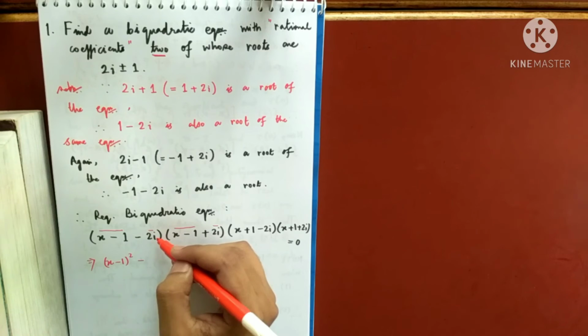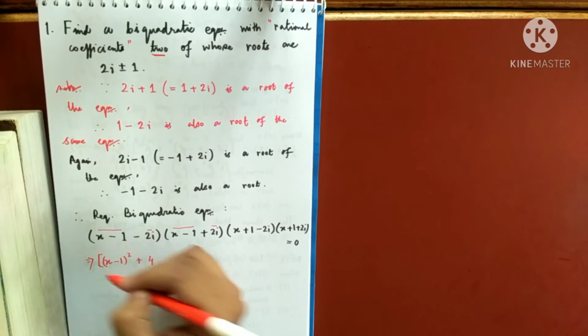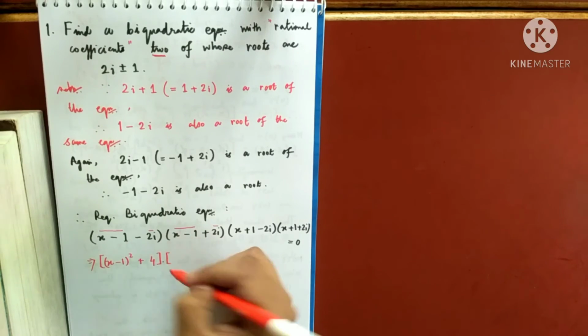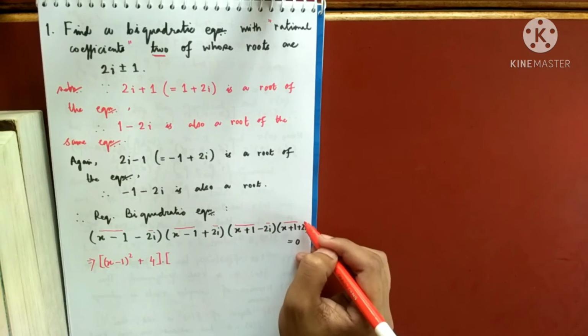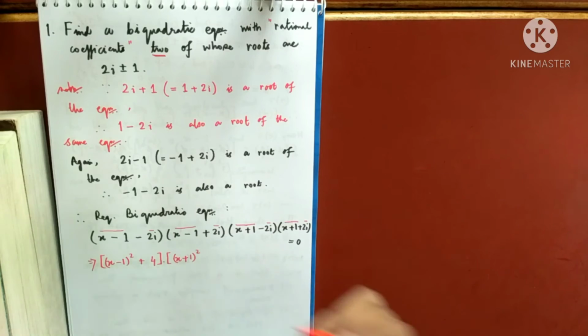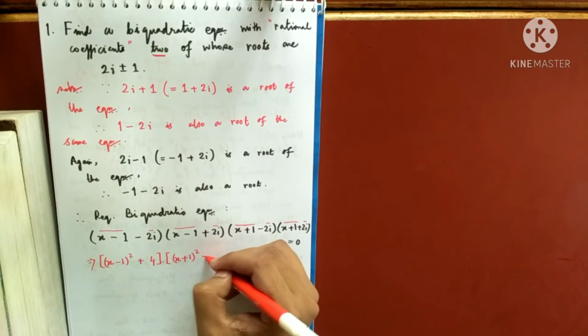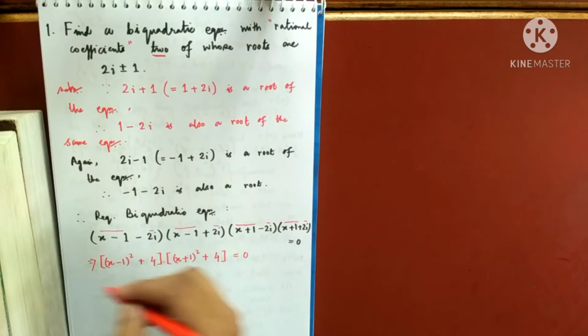So 2i whole square, that is 4i square, that will become plus 4. This will again similarly become a plus b into a minus b, a square plus b square again, because plus 4 again, equals 0. So you have to open the brackets.